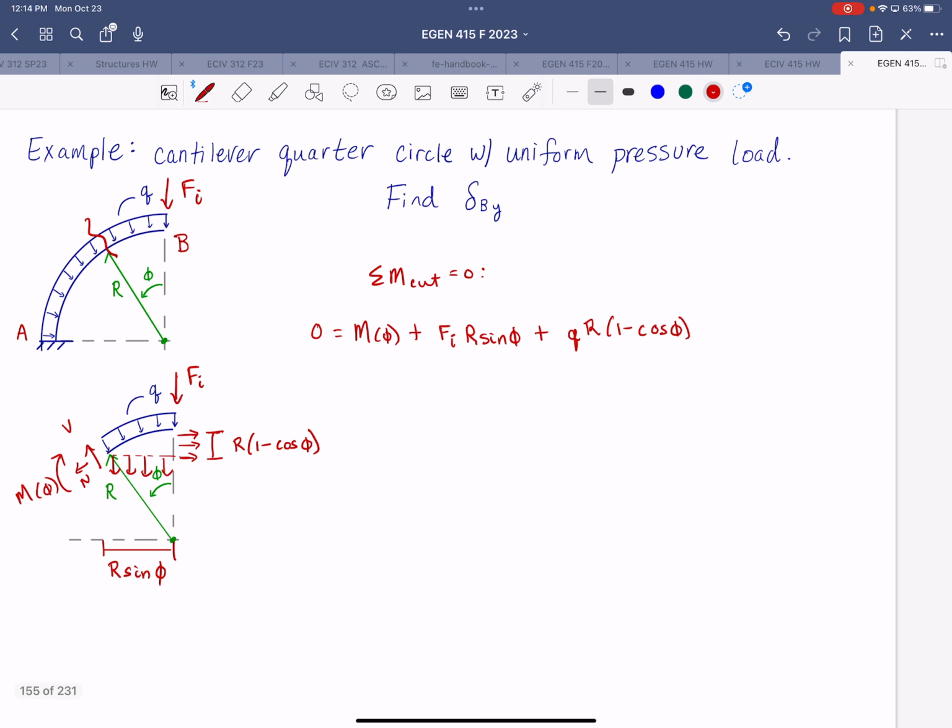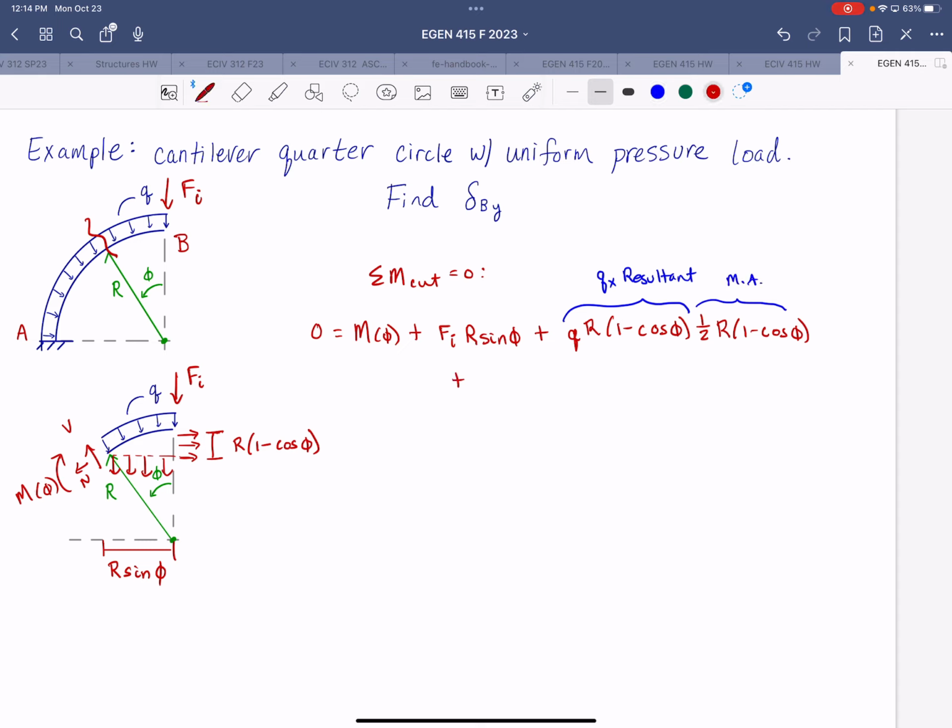And then the moment arm for that resultant is 1/2 times R times 1 minus cosine phi. So this part is the QX resultant. And this is its moment arm.